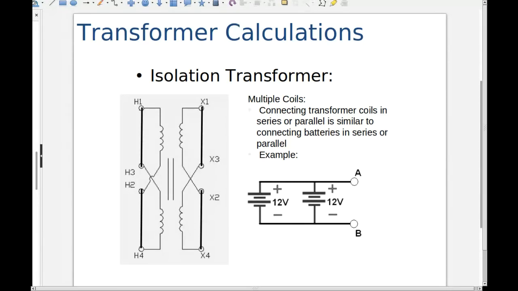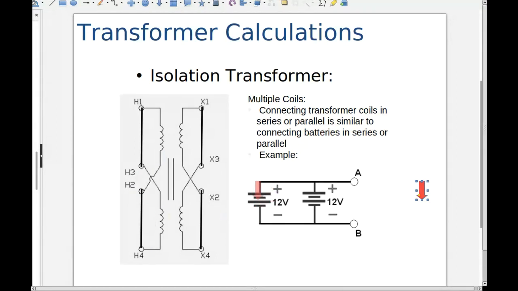So if we hook it up with the 2 primary windings in parallel, all right, so this is in parallel. We've got the high side H1 and H3 connected together, and the high side H2 and the low side of this winding are connected together.